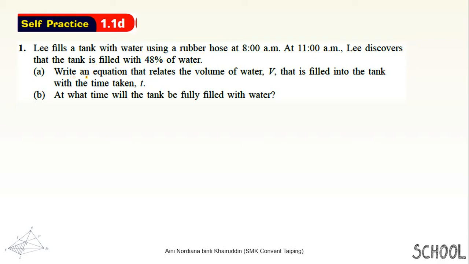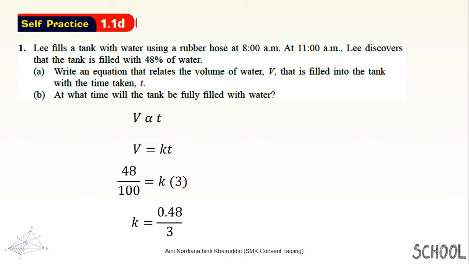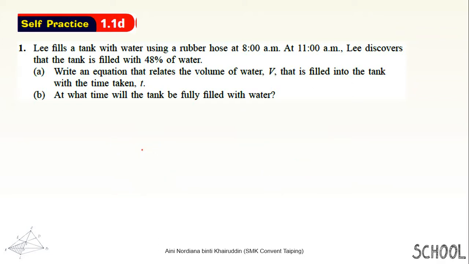So write an equation that relates the volume of water that fills the tank with the time taken T. So V varies directly as T. Then write in the equation form, substitute the value of V and T, then we get the value of K. Then substitute back into the formula. So this is the answer for A.